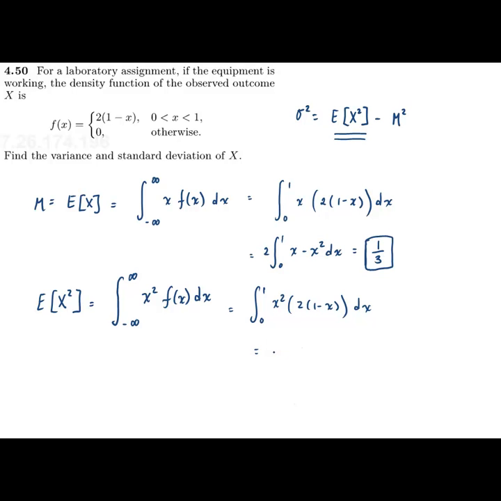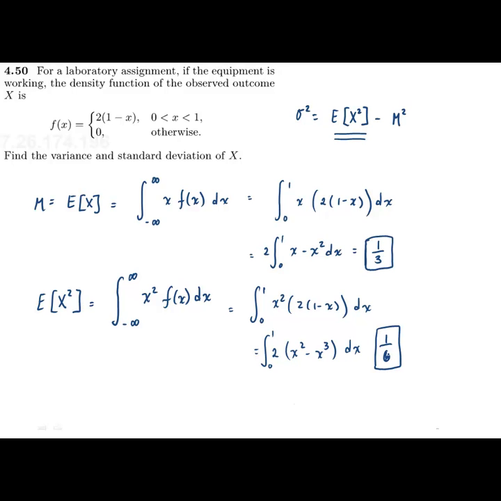And this is equal to 2 times the integration from 0 to 1 of x squared minus x cubed dx. In solving this, you get 1 over 6. Okay?